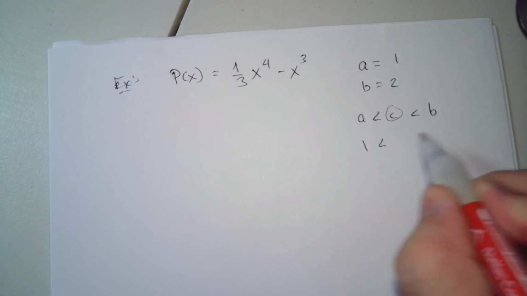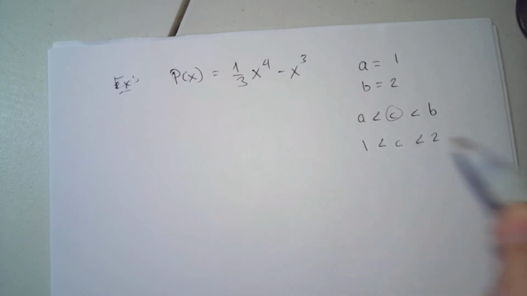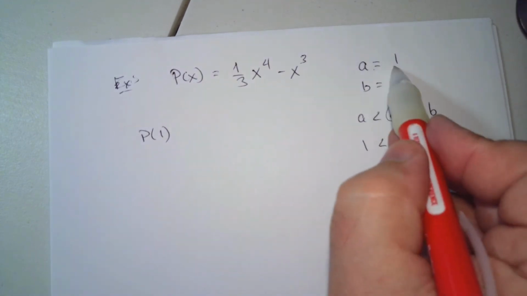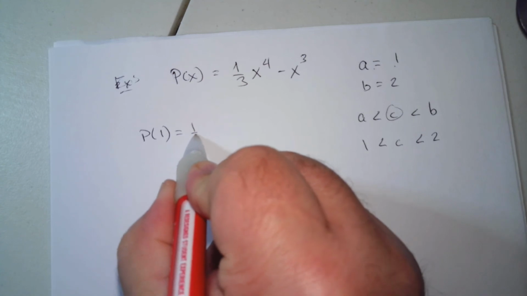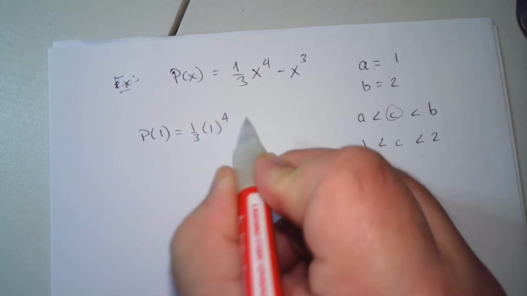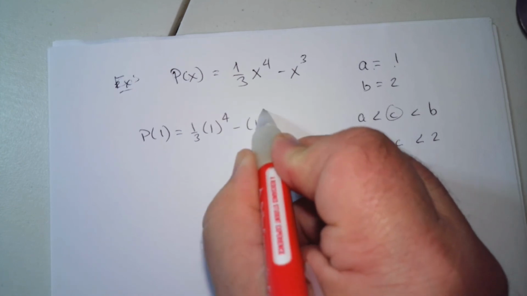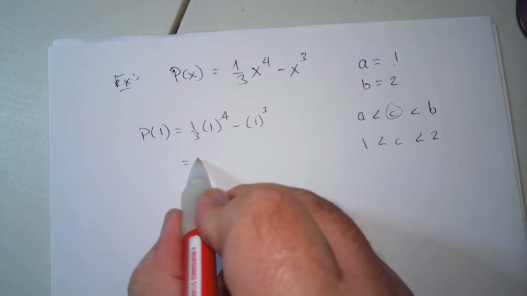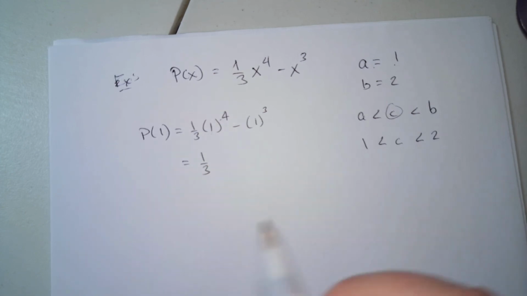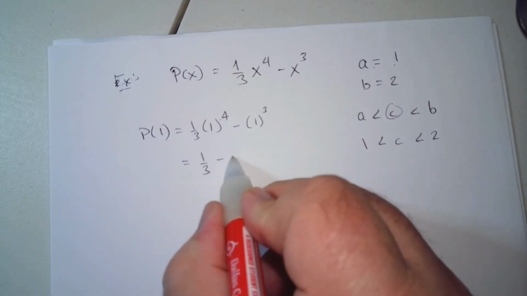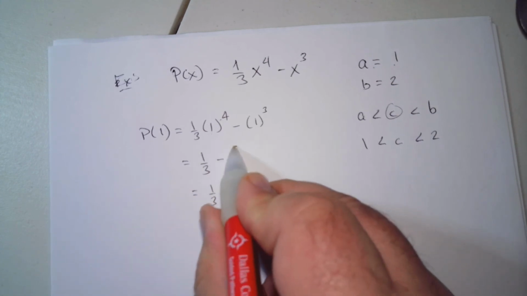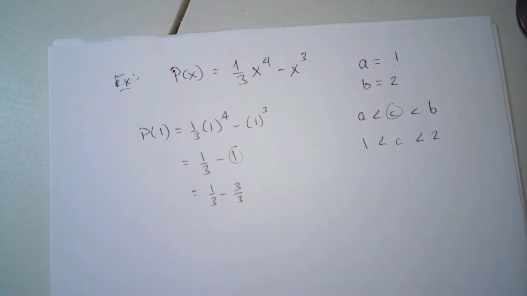So at A, put 1 inside there. 1 to the 4th is 1. 1 times 1/3 is 1/3. 1 to the 3rd is 1. 1 is the same thing as 3 over 3.